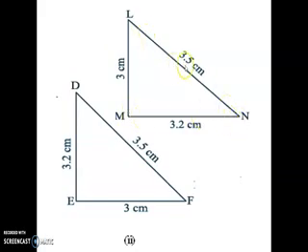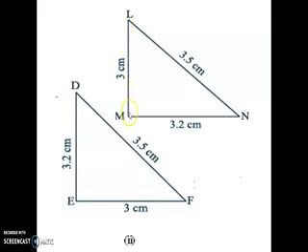So the opposite angle of this LN is angle M and of this DF is angle E. So angle M and angle E are corresponding angles. Like that, this DE is the corresponding side to this MN. So the opposite angle of this DE is F and of MN is angle L. So angle L and angle F are corresponding angles.